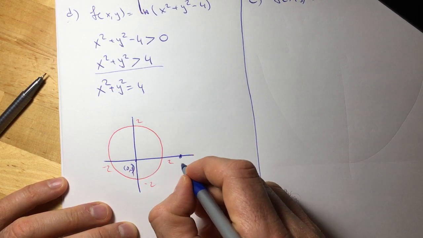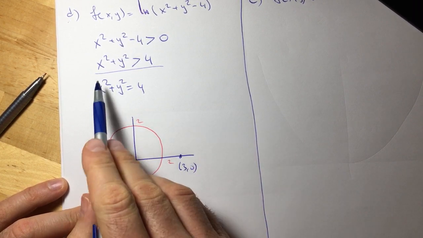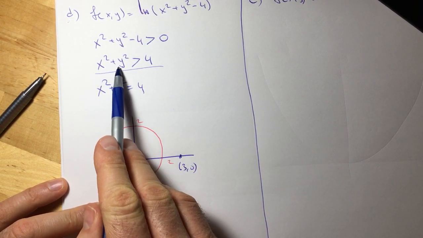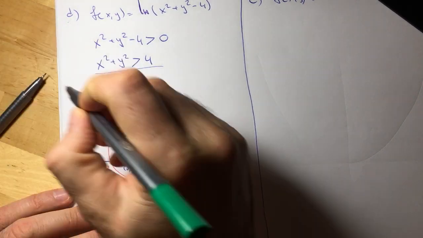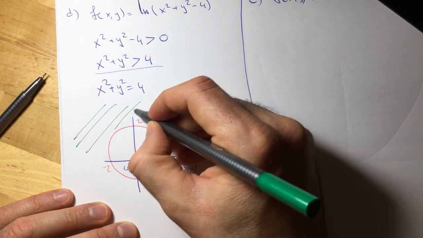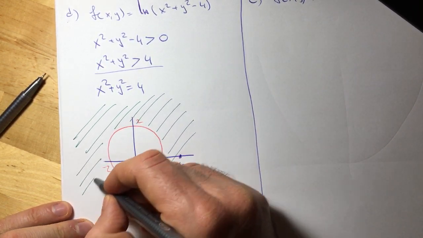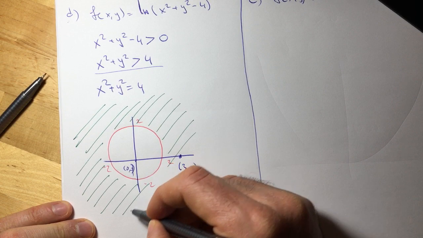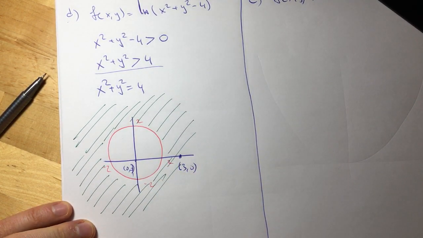If you take the point 3 and 0, 3 squared plus 0 is 9, is greater than 4, which means the domain is going to consist of all the points that are on the exterior of the circle.